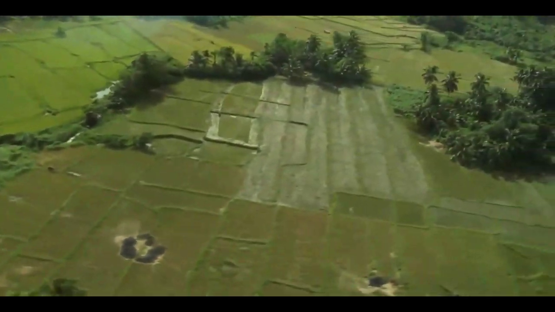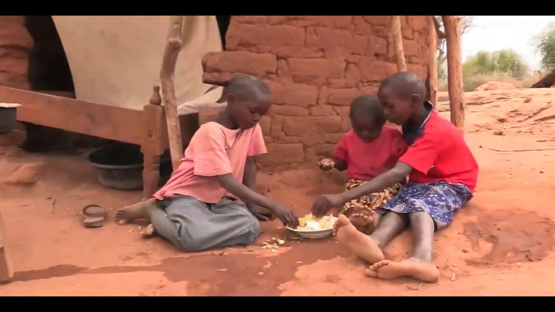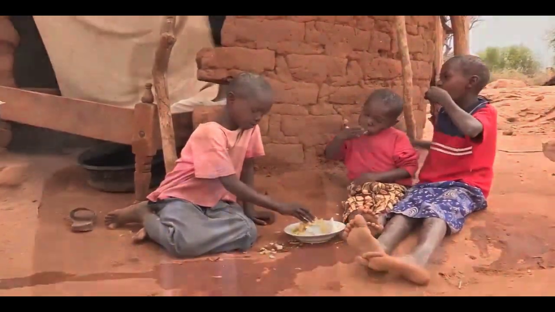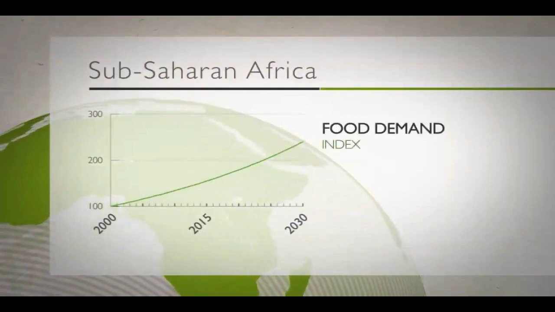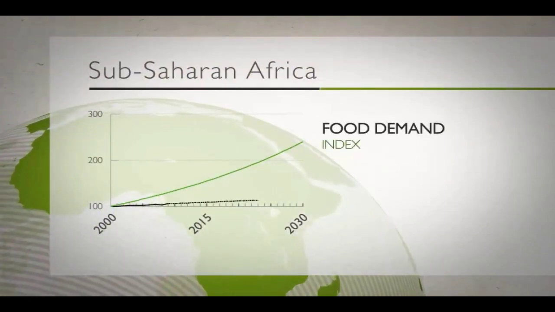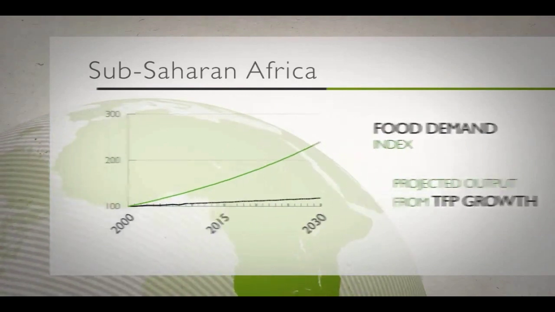Even while the global rate is above the necessary target, some regional rates are tracking poorly and warrant increased attention. Of greatest concern to me is the continued stagnant productivity picture for sub-Saharan Africa. In sub-Saharan Africa, at the current rate of productivity growth, only 13% of the region's food demand can be met.